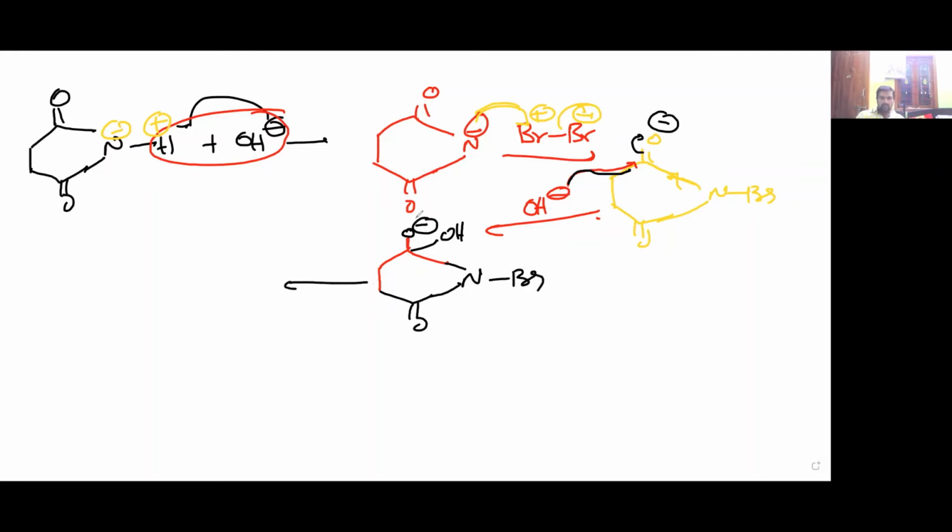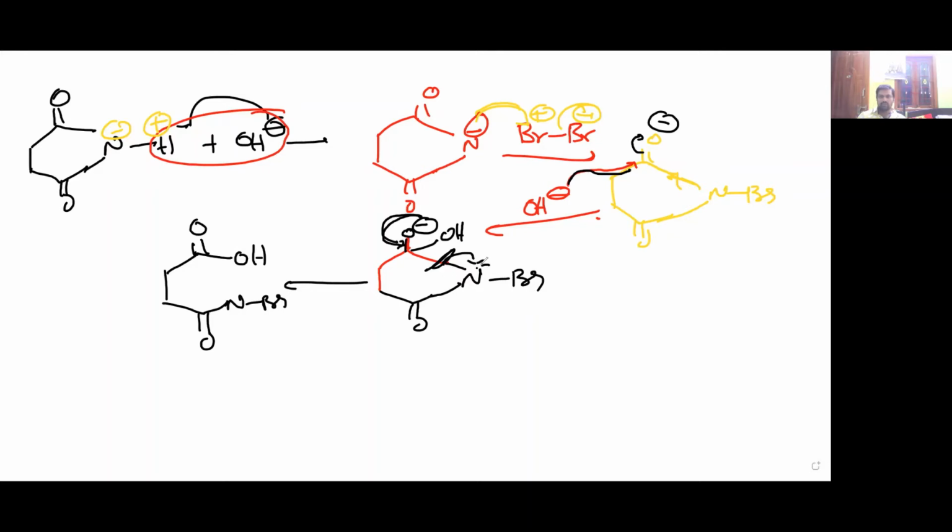This is unstable, so the negative charge is shifted like this. Then the bond breaks, and again the double bond is formed, C double bond O. Here the bond is breaking, and the negative charge is shifted like this, meaning a double bond is forming. Then C double bond O, OH, and on the other side C double bond O, N-Br. This is our product.